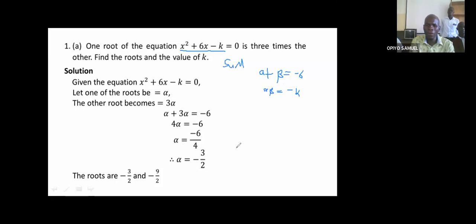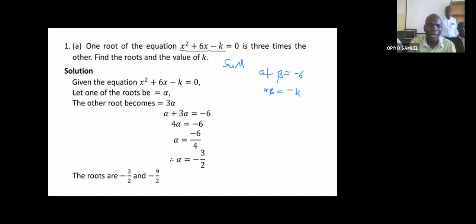After you have got the value of alpha, you can proceed to get the other root. The roots will be negative 3 out of 2 and negative 9 out of 4. So these are the roots, and that is the first part.